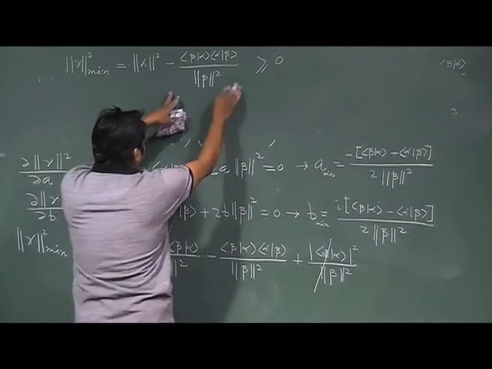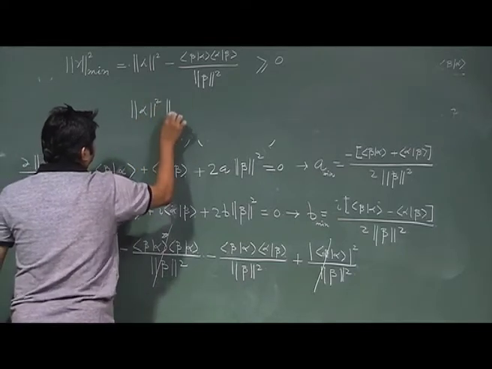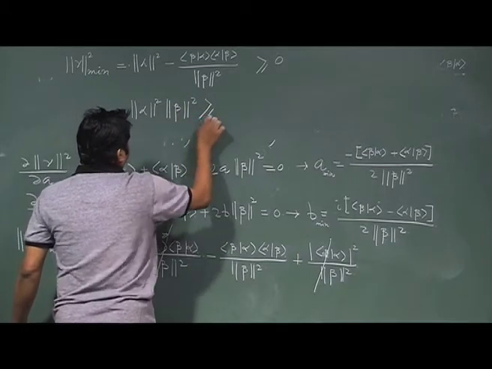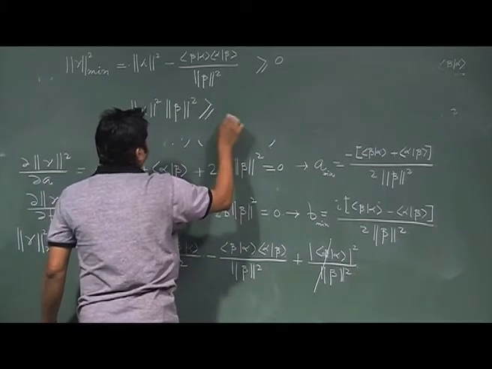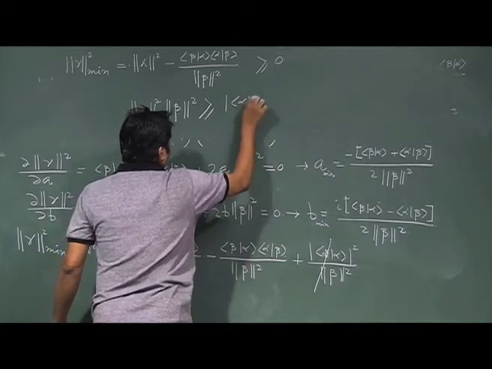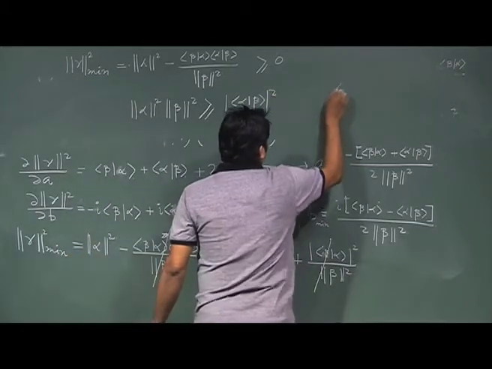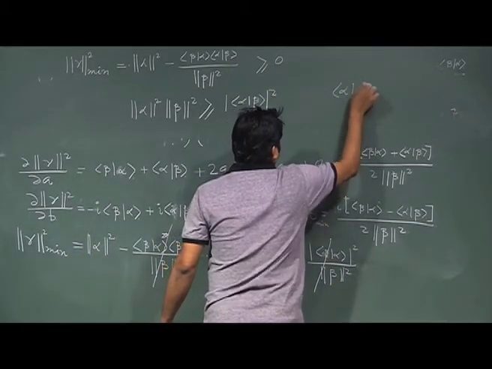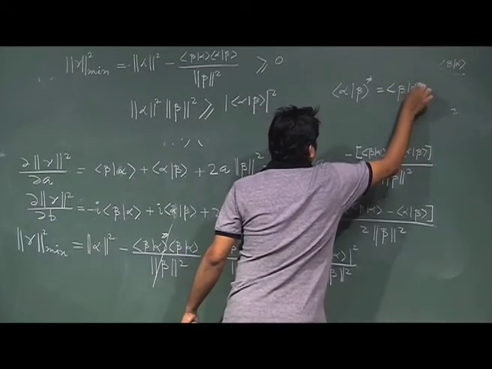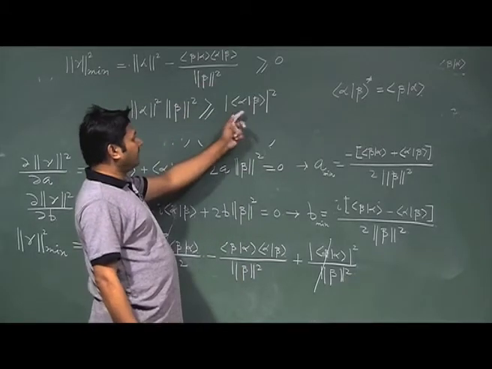Now, if I apply these two things, then readily I will find that this is greater or equal to this quantity. This quantity is nothing but mod of alpha beta square, because alpha beta star is equal to beta alpha. So, if I change this to star, it will be beta alpha and mod of square.